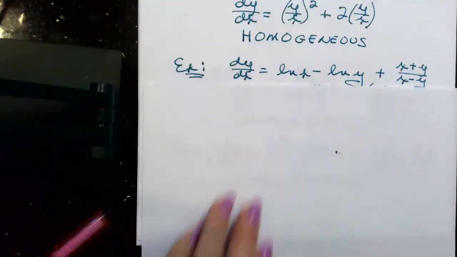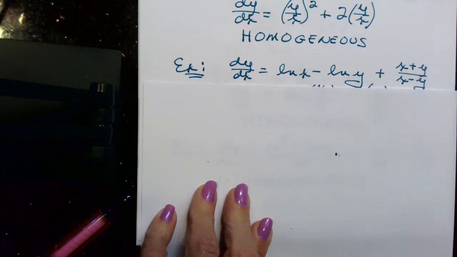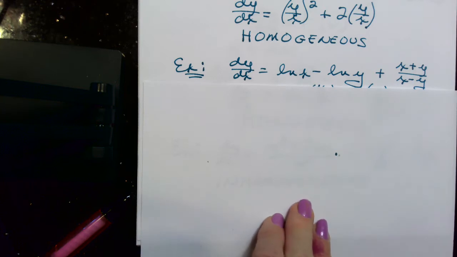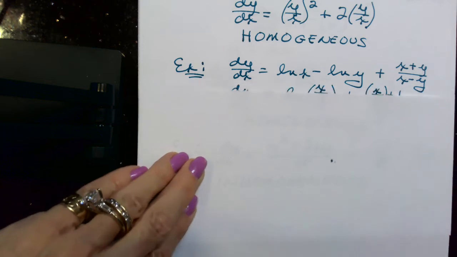All right, let's look at another example. This one's not quite so obvious. Suppose I take dy/dx as (ln x minus ln y plus x plus y) over (x minus y). So at first glance, you look at that and you say, wow, I don't think that looks like it's going to be homogeneous. You have a subtraction of two things. But let's not be so quick, because by properties of logarithms, when you subtract one log from another, that means you've divided the numbers.